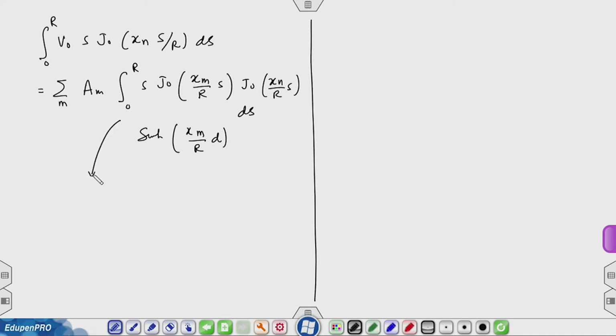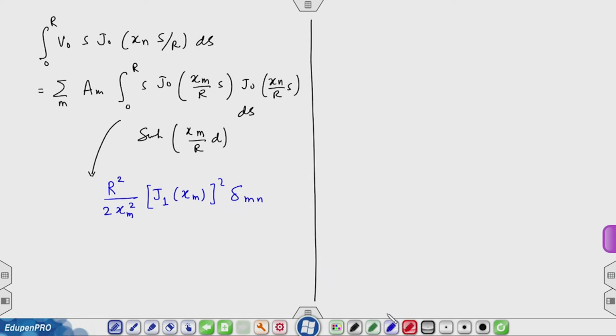This integral from the orthogonality relationship is r square over 2 times x m square J1 x m whole square delta m n.